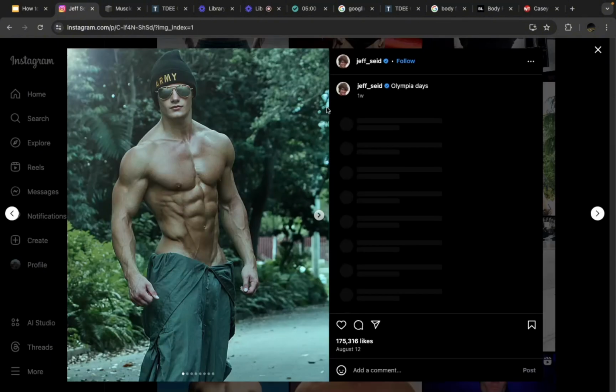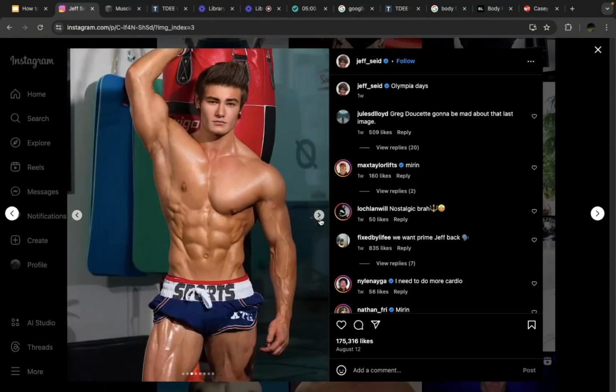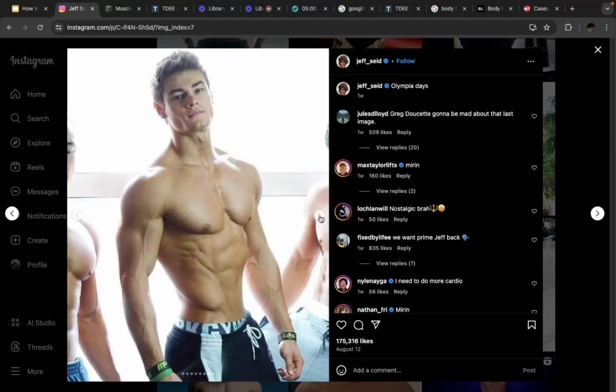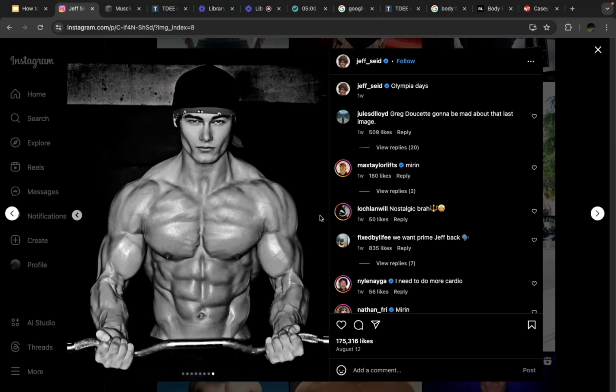Here we go. See, really lean, but tons of muscle mass. The more lean you are as a natural, and he looks amazing here, but the more lean you are as a natural, the more muscle you will lose.